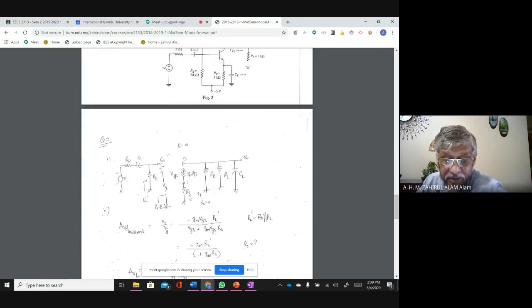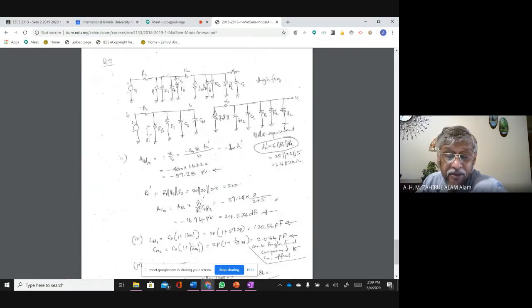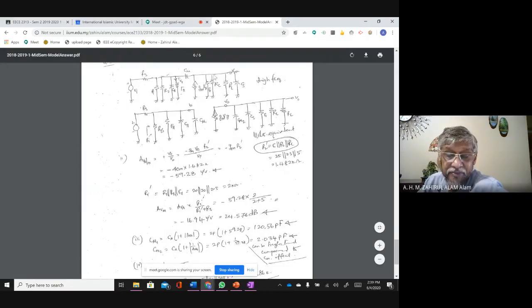Then how do we calculate? No, this is question 2, and this is question 3. The first diagram is the high frequency equivalent circuit. The second diagram is the same as what I have drawn, the Miller equivalent circuit. Then I have calculated AVA. After that, I calculate AV total, AVA times the input resistance RI prime over RI prime plus RS, which is from the previous question.